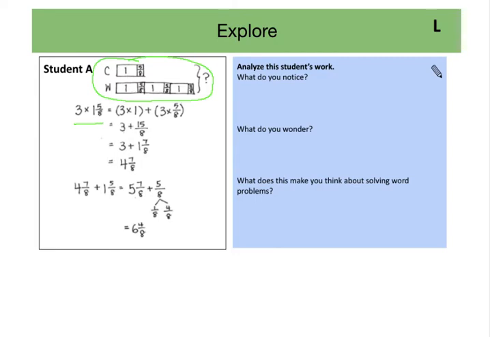And we kind of see that here in the model, right? 3 groups of 1, 1, 2, 3, right? That's this part here. And then you should also be noticing that they then did 3 times the 5/8, right? Because we have 3 of those 5/8, right? You can count that really easily. 1, 2, 3, right? And then 5/8, 10/8, 15/8. And then they found out that that was 4 7/8.